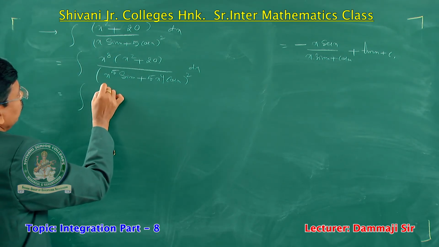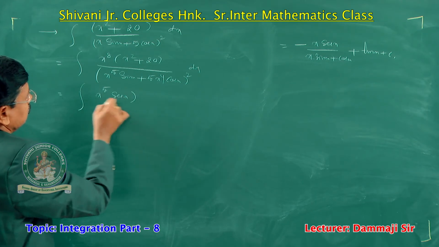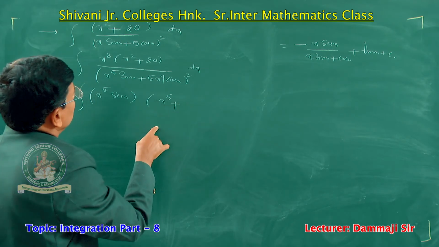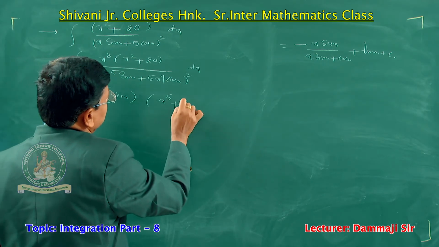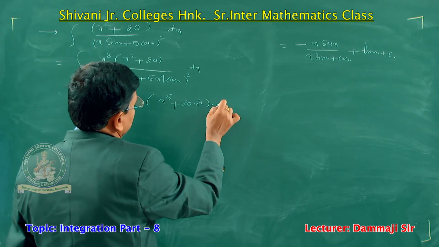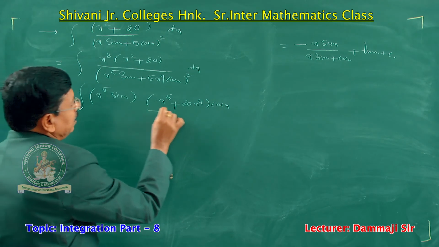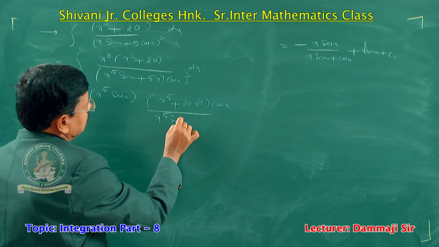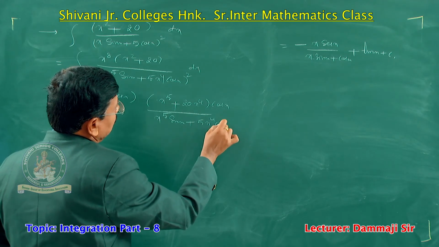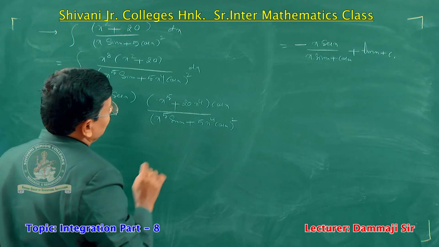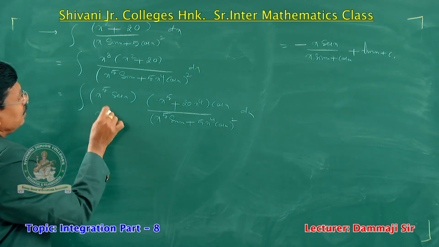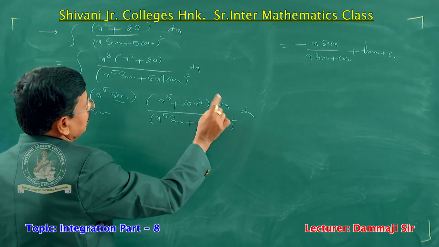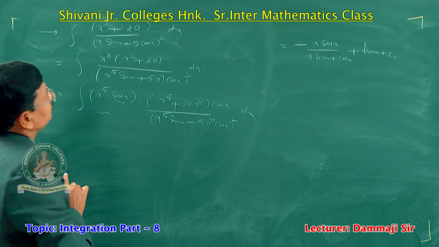Now we'll prepare x power 5 secant x, next x power 5 plus 20 x power 4 cos x, and the denominator (x power 5 sin x plus 5 x power 4 cos x) whole square dx. We can check x power 5 into x power 5 is x power 10, and secant into cos is nothing but 1 only. Same result only.